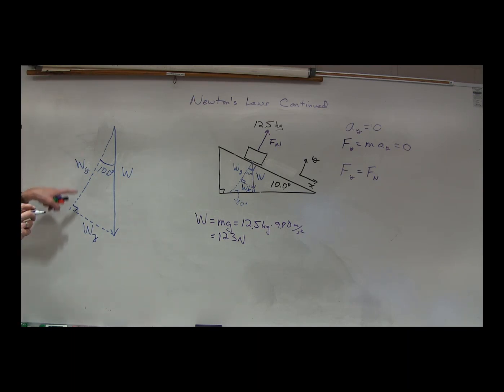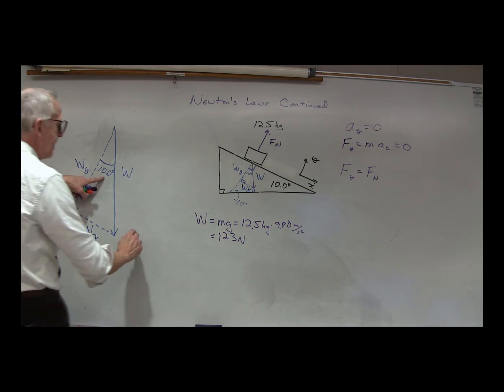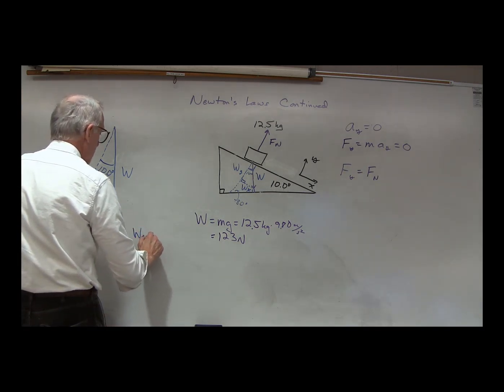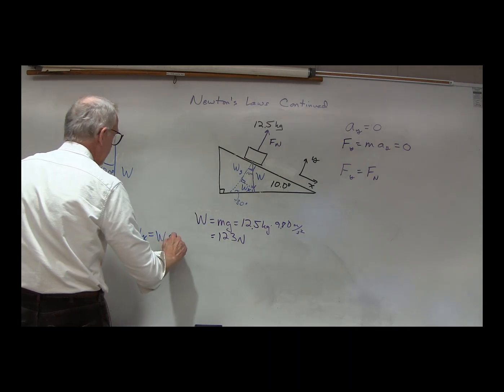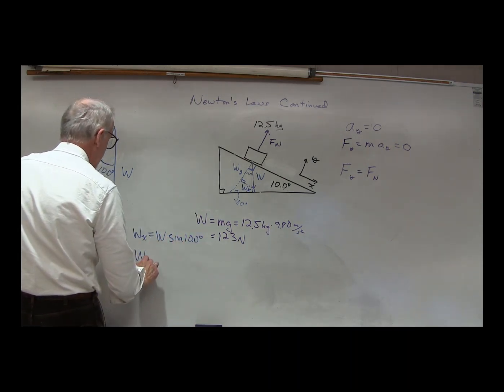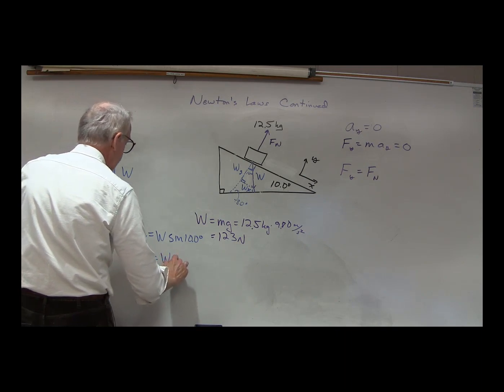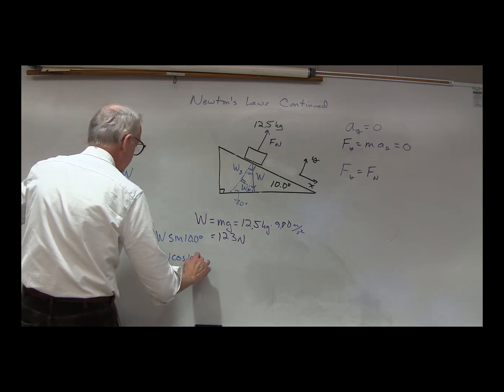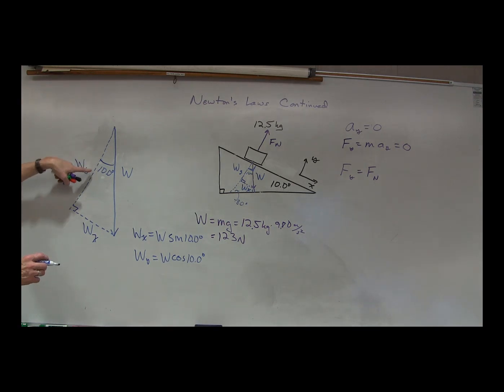So what do we have for W sub x and W sub y? Well, W sub x is opposite the 10 degrees, which means W sub x will be the weight times the sine of 10 degrees, while W sub y will be the weight times the cosine of 10 degrees. Because W sub y, that's the adjacent side to the 10 degrees.